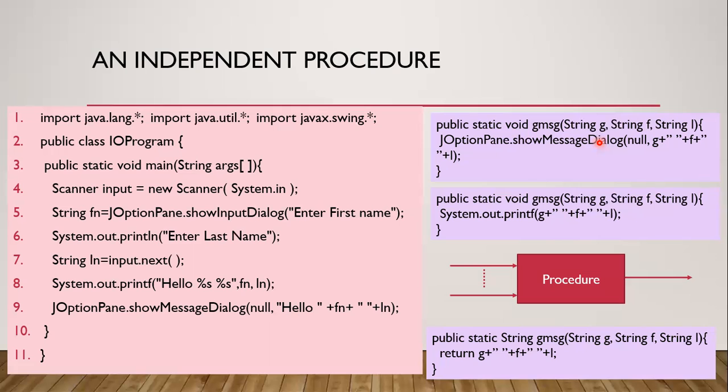The higher the reuse, the lower the cost and the easier the maintenance. So reuse is the main thing. So we want to make a method, a procedure which accepts 3 inputs, and then is going to display an output. The problem with this way of making a procedure is, this is a dependent procedure.